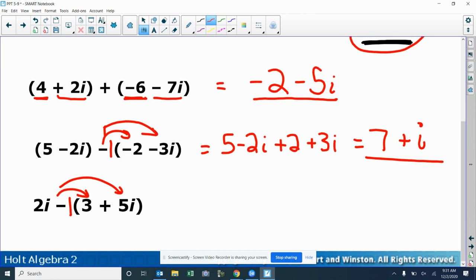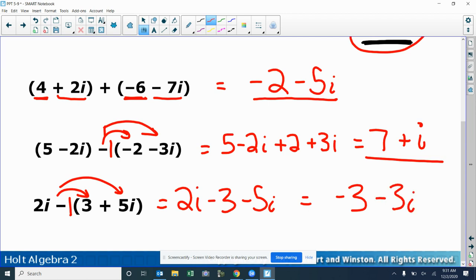If we have a subtraction, most of the time we're going to be distributing a negative over that. So in this case, we'll distribute. We're going to get 2i minus 3 minus 5i after we distribute. Of course, we want the real part first, which is -3. We have 2i minus 5i would give us minus 3i.